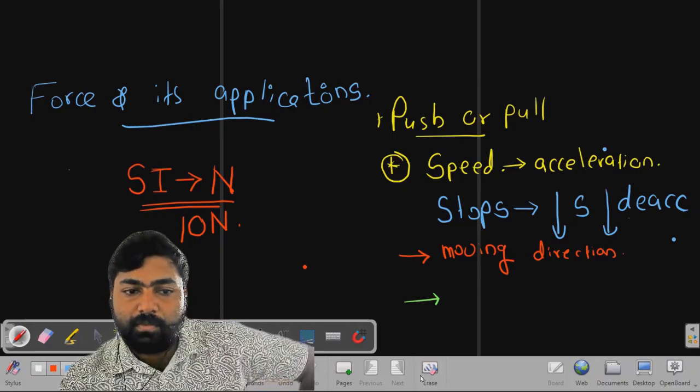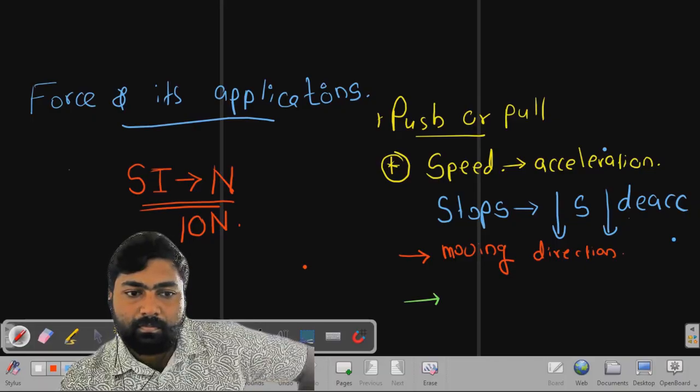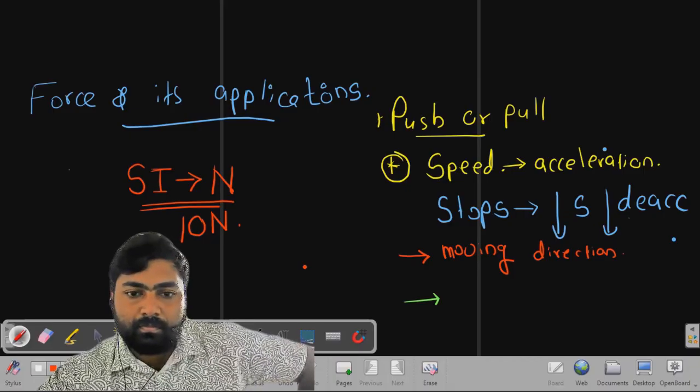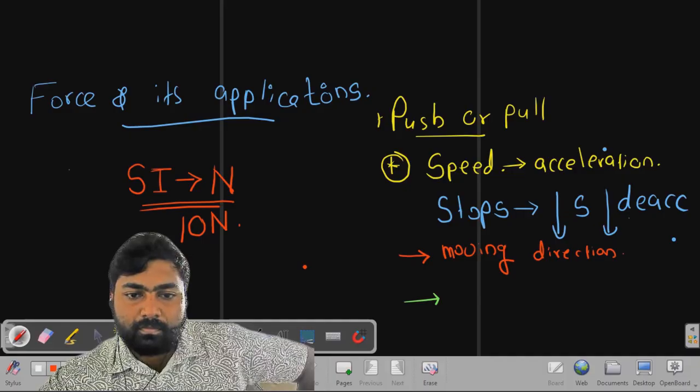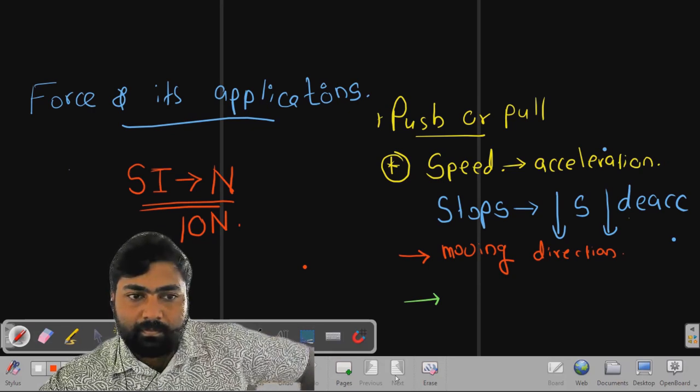The SI unit of force is Newton. Okay. Finished writing?